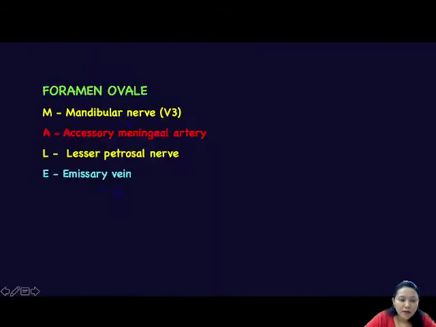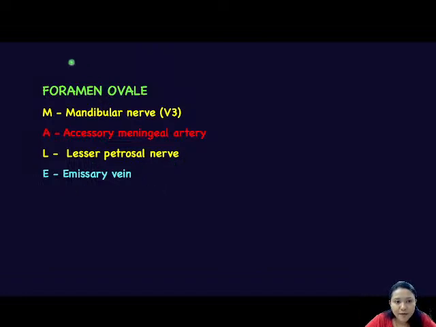Okay, now we have a mnemonic for the foramen ovale. The mnemonic is MALE, male. M for the mandibular nerve, as discussed, the V3 will go through the foramen ovale, A for the accessory meningeal artery, L for the lesser petrosal nerve, and E for the emissary vein.